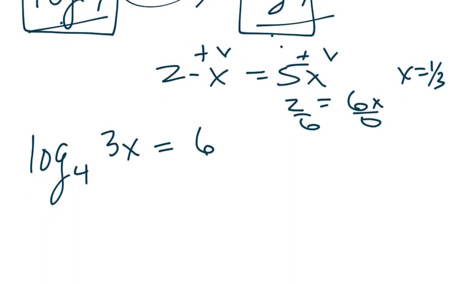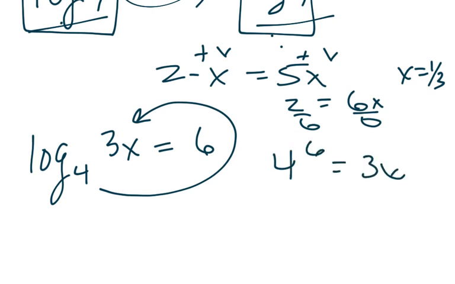Here's another one. We could circle the wagons here. This would give you 4 to the 6th power equals 3x. Well, you could just say, okay, 4 to the 6th, that's a calculator problem.